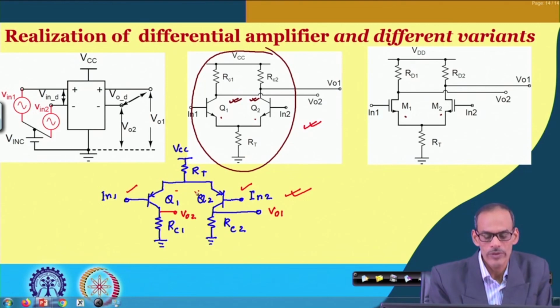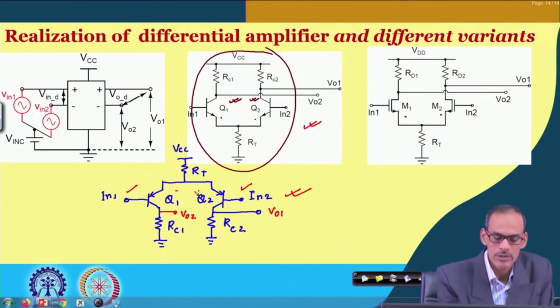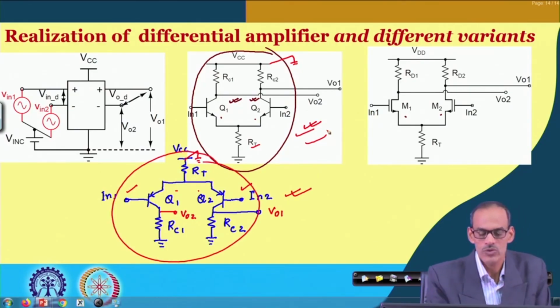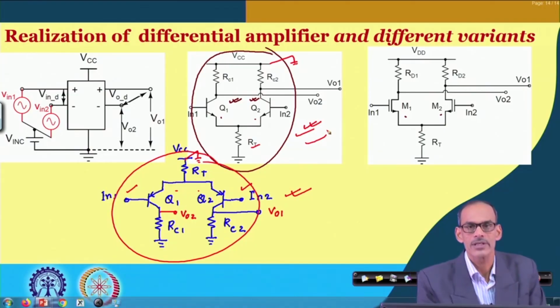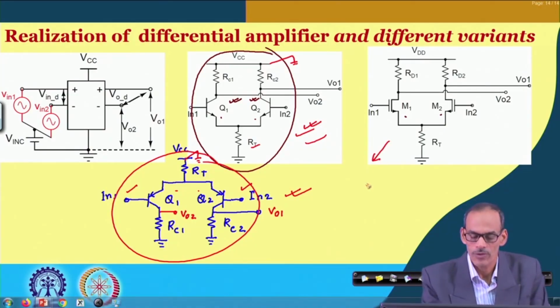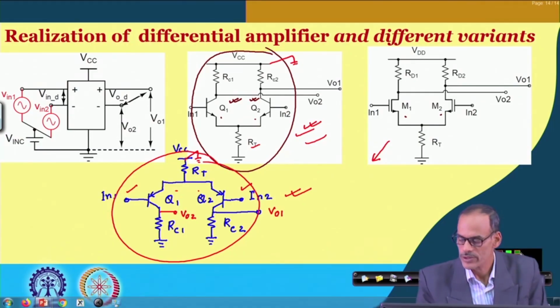But once you go to the small signal equivalent circuit, this terminal is AC ground, this terminal is AC ground, this is actual ground, and the equivalent circuit of this part and this part is essentially the same. In fact, you can do the same thing for the MOS version also.